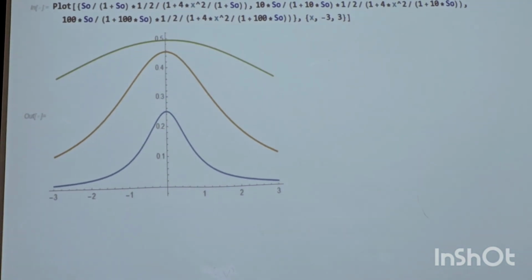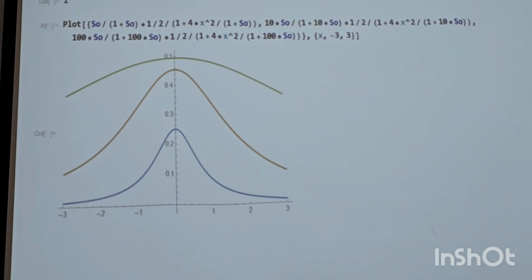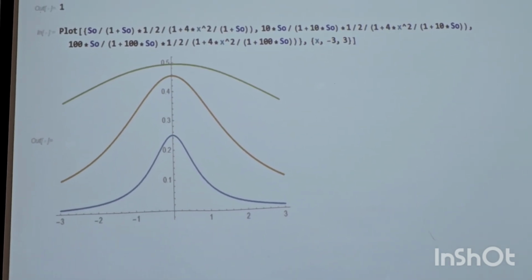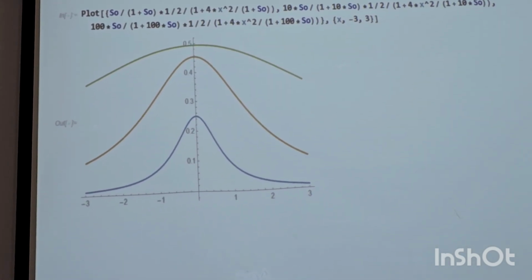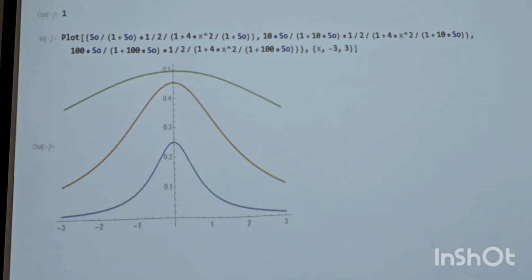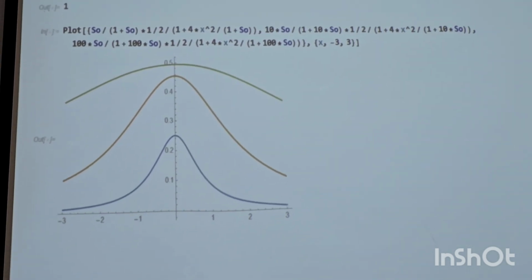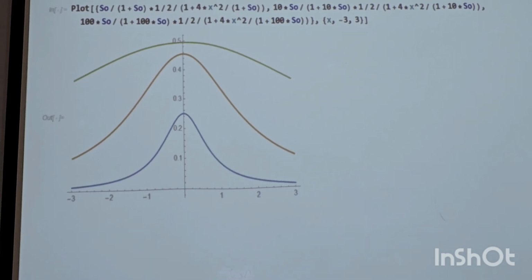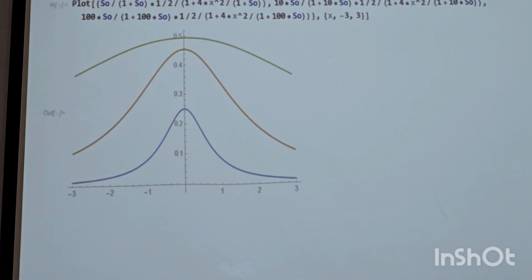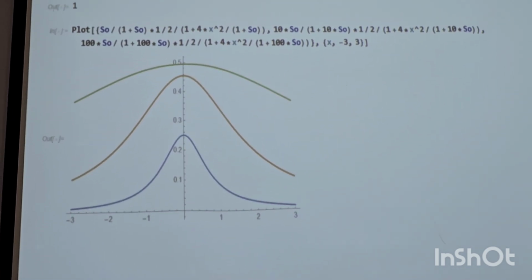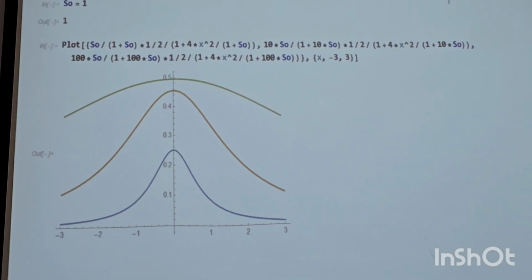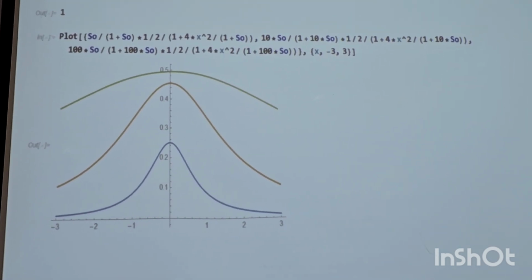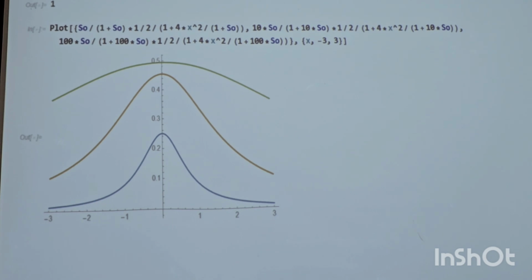The brown is 10 times the S naught, which corresponds to 10 times the incident intensity, or square root 10 times the damping factor, right? So S naught is being changed here.